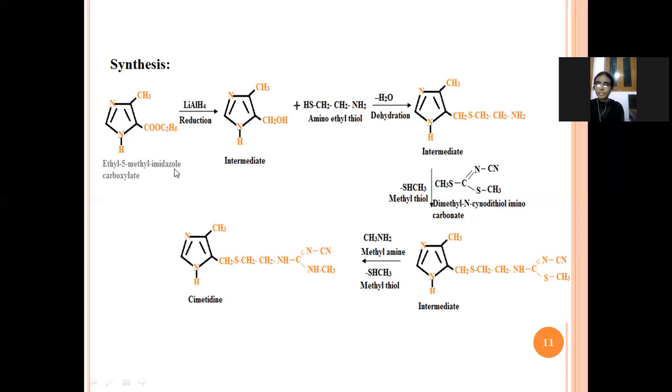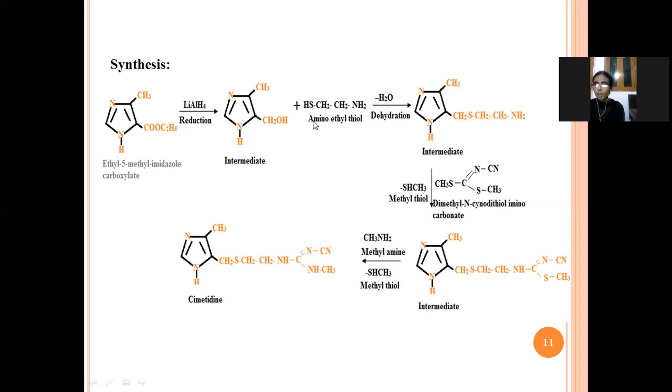See here, the starting material is ethyl 5-methyl imidazole carboxylate. When it is reacted with aluminum hydride, it undergoes a reduction process. Here the ethanol group is attached to get the intermediate product A. When it is reacted with amino ethyl thiol, the water molecule undergoes dehydration, meaning removal of the water molecule.